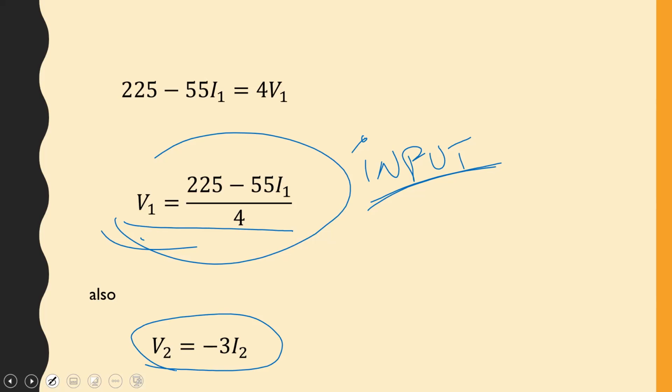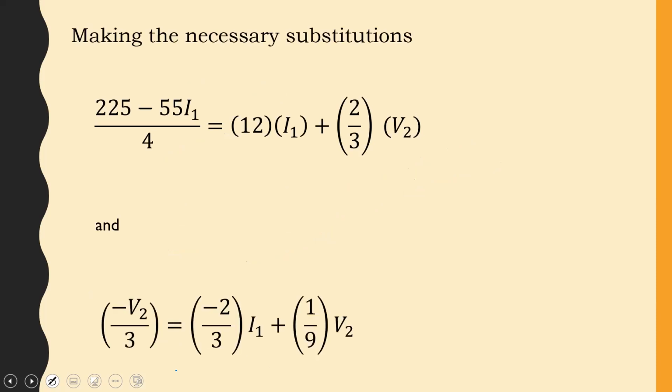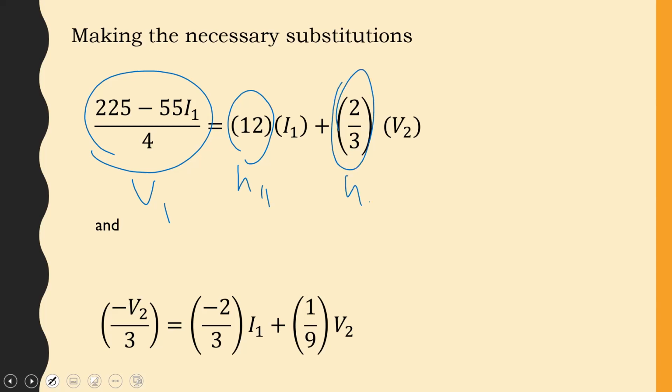So what we now have, making the substitutions, this is V1. That's H11. That's H12. This is H22, H21, and this is I2.